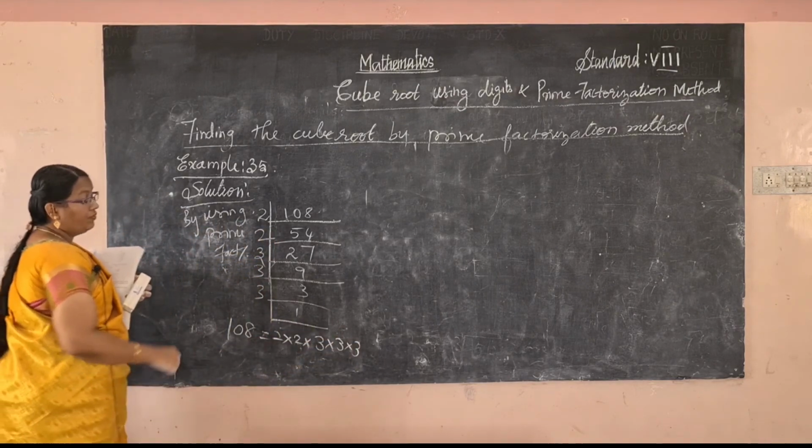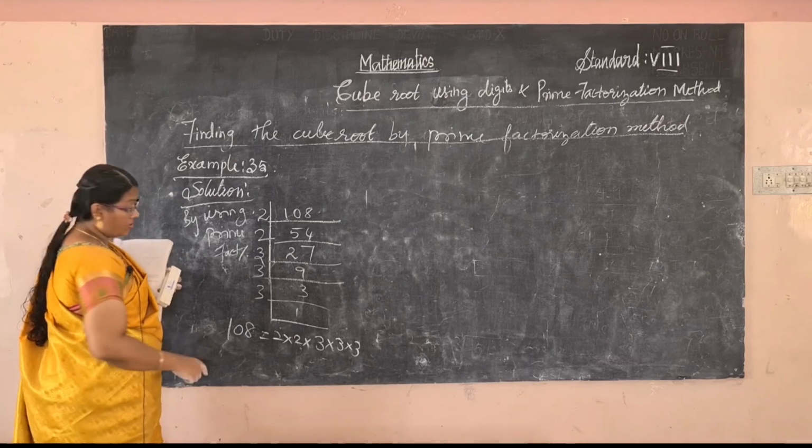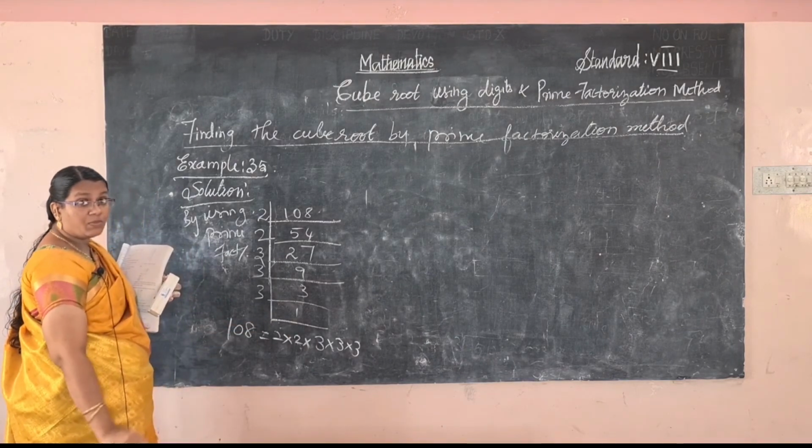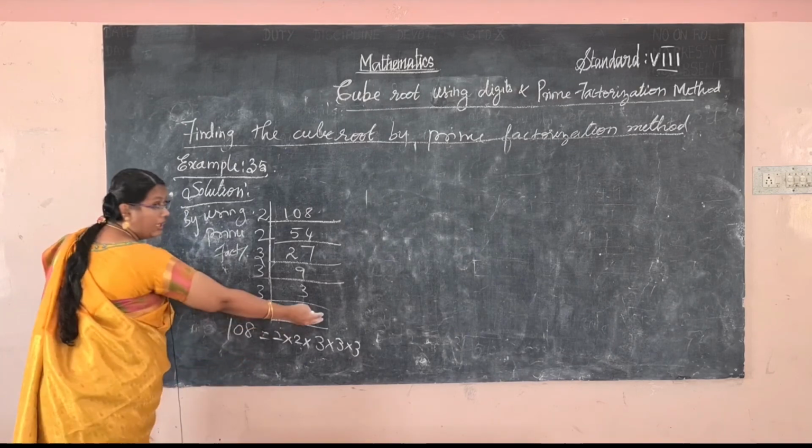If the given number 108 were a perfect cube, we would get equal factors in triplets.